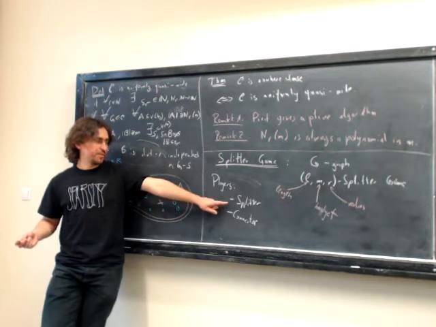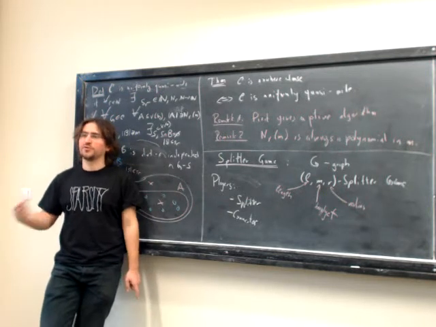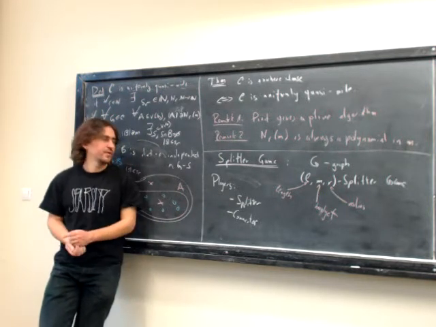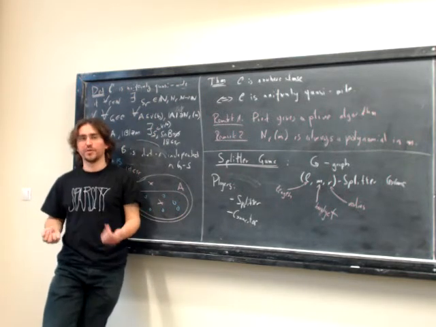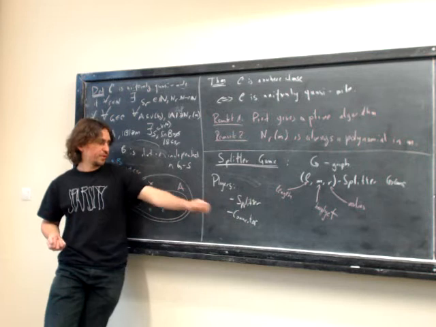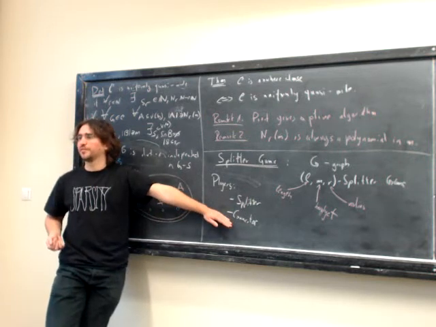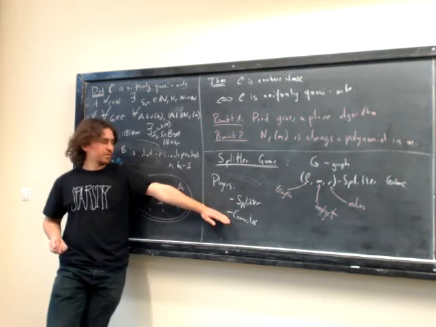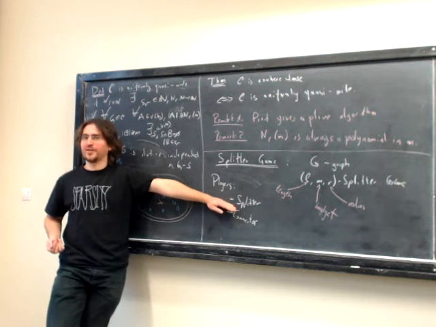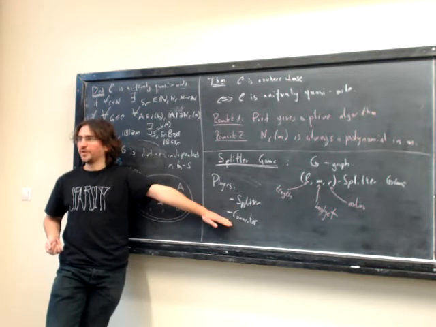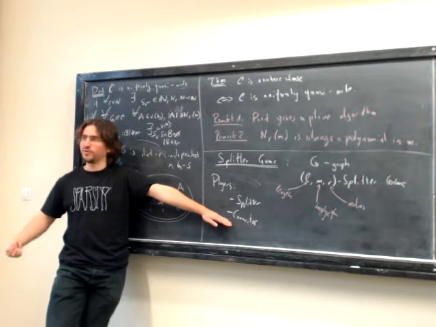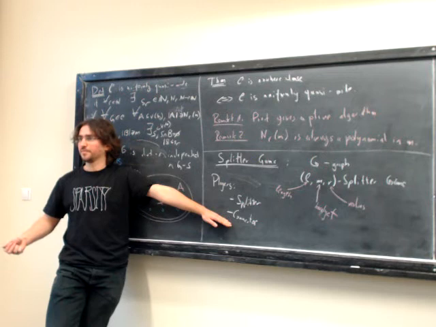The goal of the splitter is to get rid of the whole graph as quickly as possible, within L rounds. So to arrive at an empty graph within at most L rounds. The goal of the connector is to prevent this. Yes? So if the splitter arrives at an empty graph within L rounds, she wins, and if the connector prevents this, is able to endure for L rounds, then she wins. Yes?